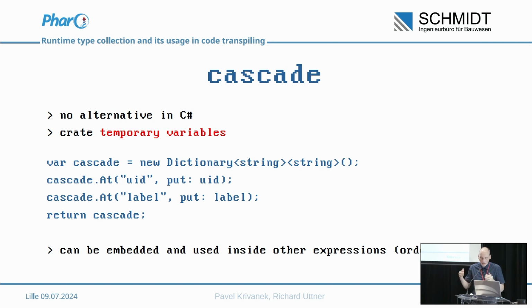So then it's used inside expressions and so on. So you need to evaluate it before, and of course take care of the order. So that's more complex than it originally seems to be.